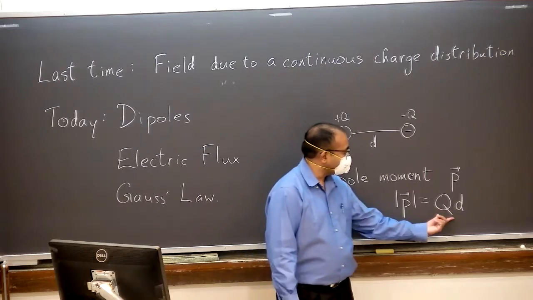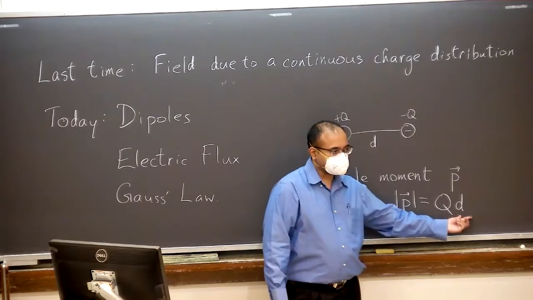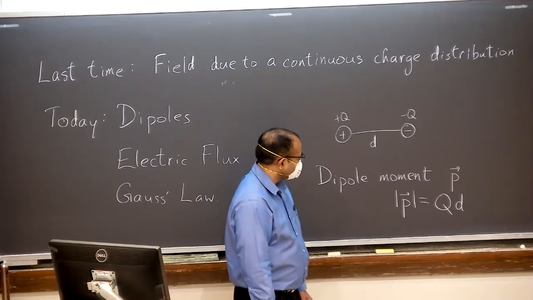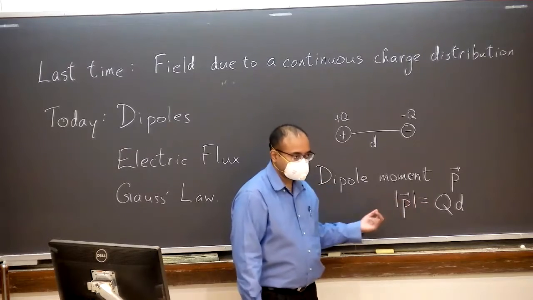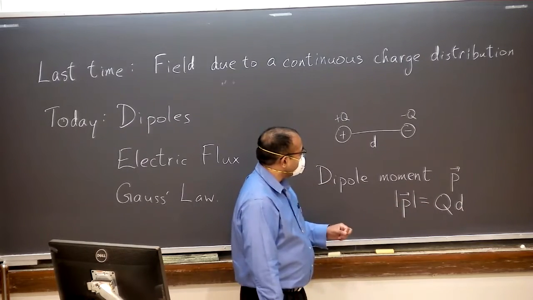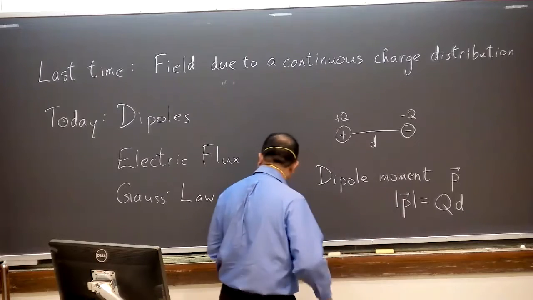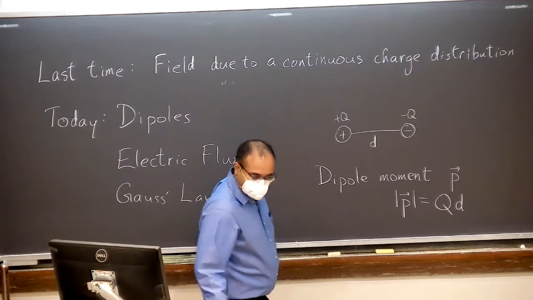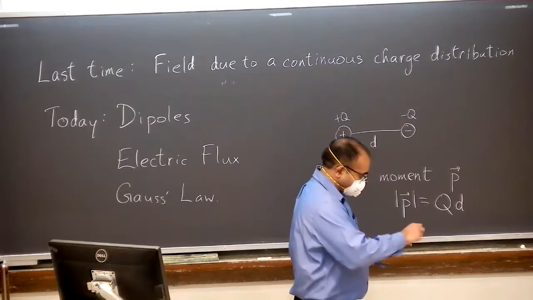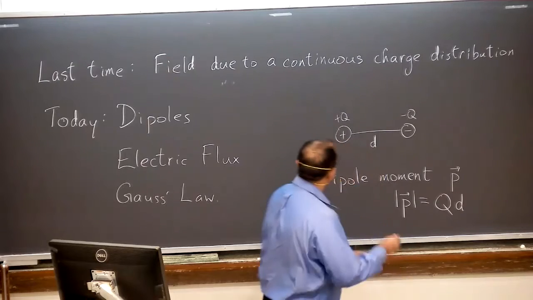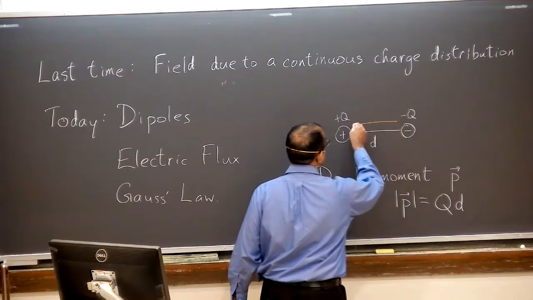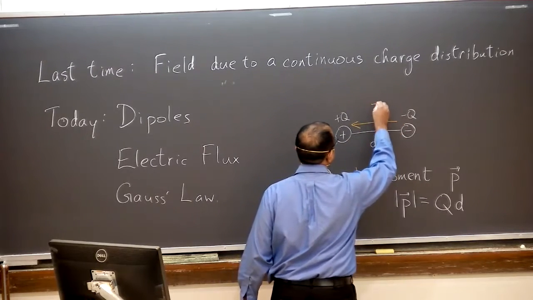So it's just the magnitude of one of the charges times the distance between the two charges. That's the magnitude of the dipole moment. But it's a vector, so it has to have a direction. And the convention chosen there is that the direction is from the negative to the positive.